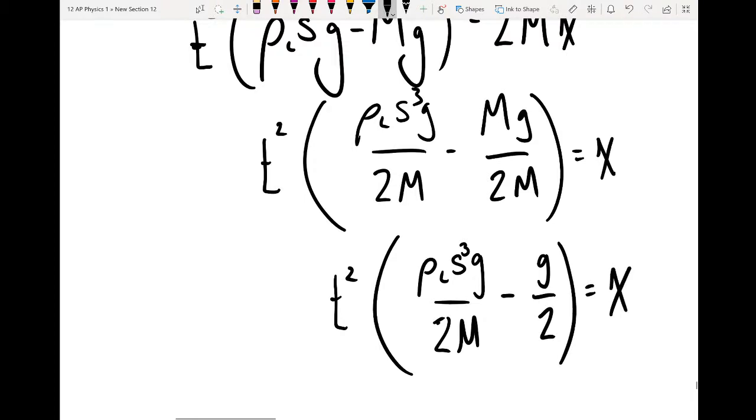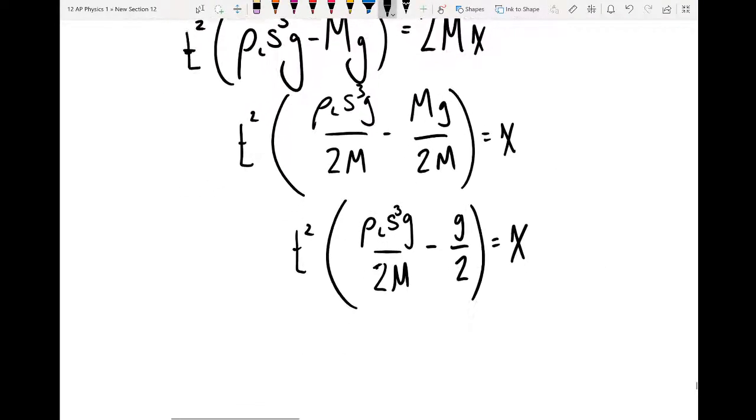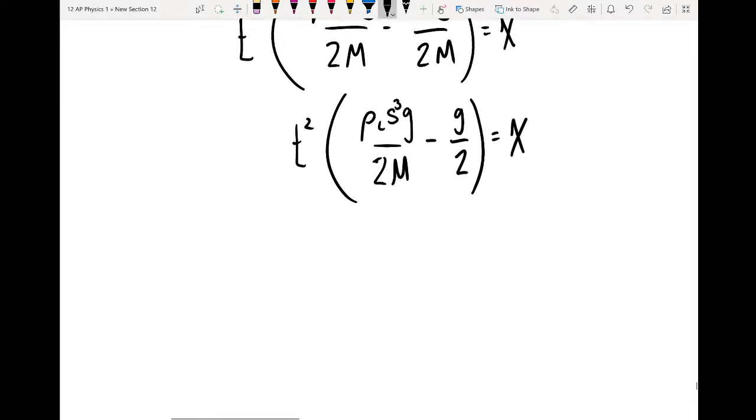Great, so now I have an equation where I have t squared, my y-axis variable, directly, oh, sorry, actually I want t squared to 1 over, this is kind of gross.